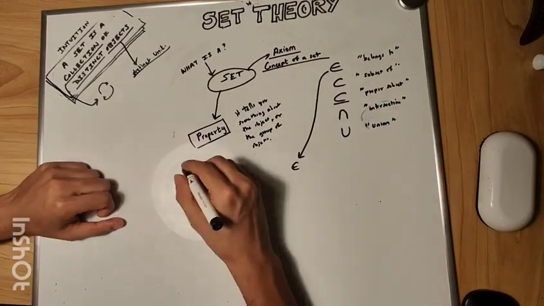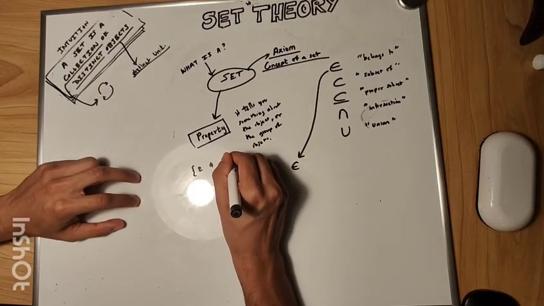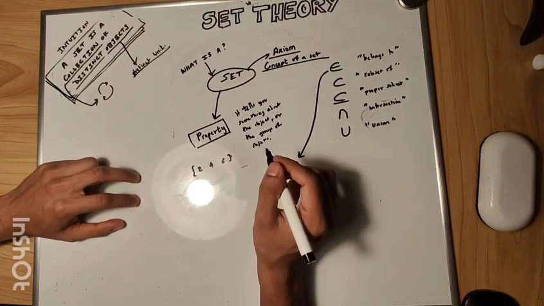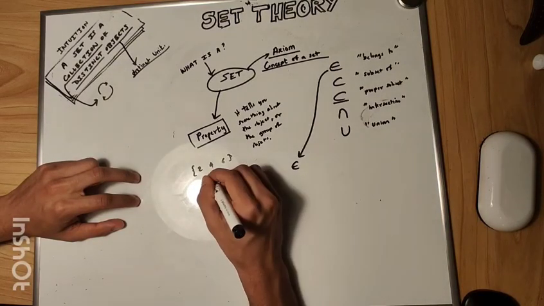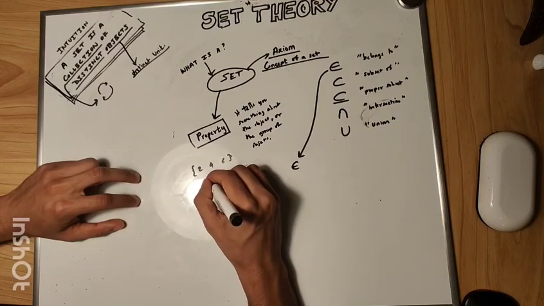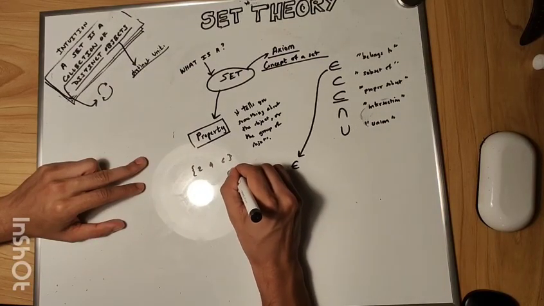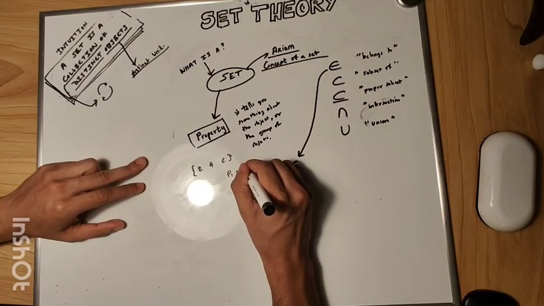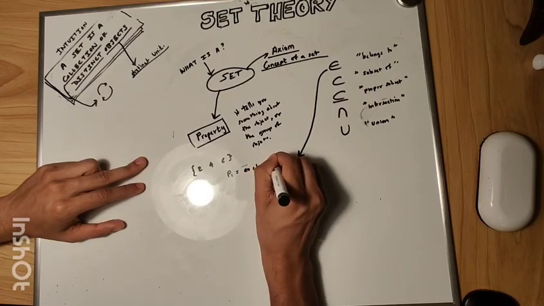For example, if we look at a set 2, 4, 6, very easily we can see that all of these are even numbers. So the common property that they have is that they are all even. So we can call it property P1: an element is even.